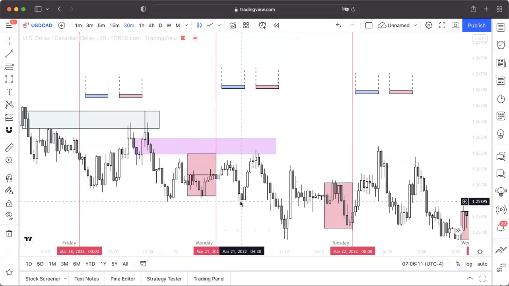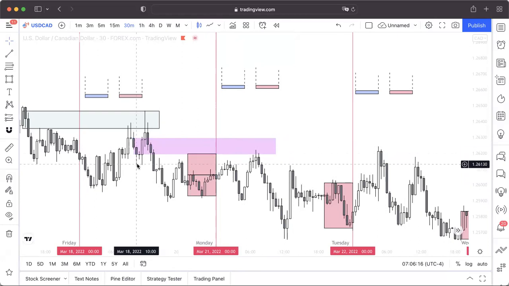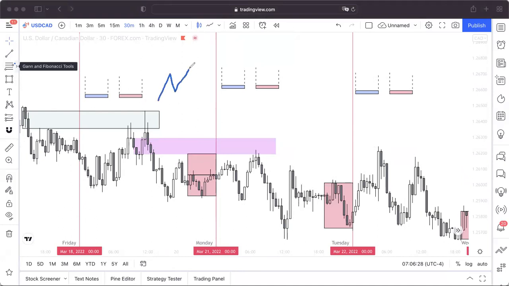We have the range sweep there, then you use the one standard deviation, and you can see that it's basically aligning with the breaker. And why is this the breaker? Because if you look at it, we have the market sweeping the high and having two down close candles right there.